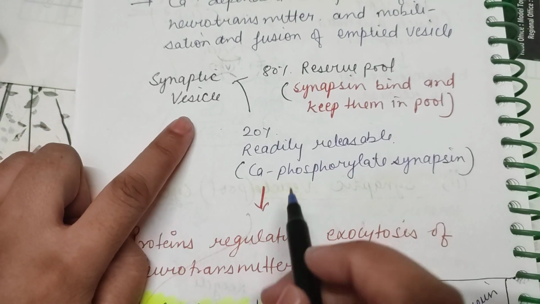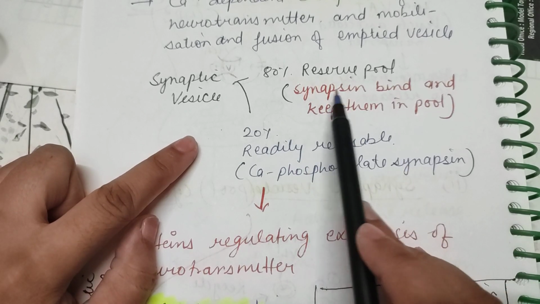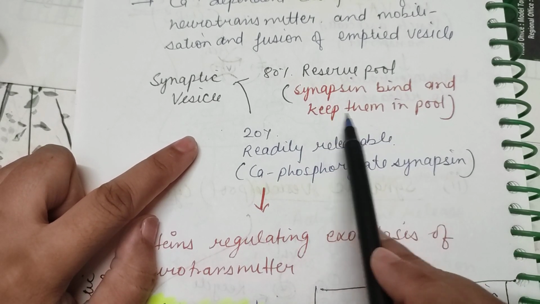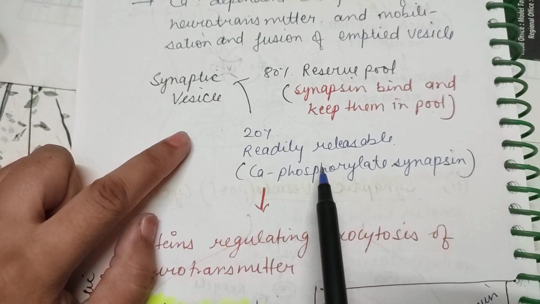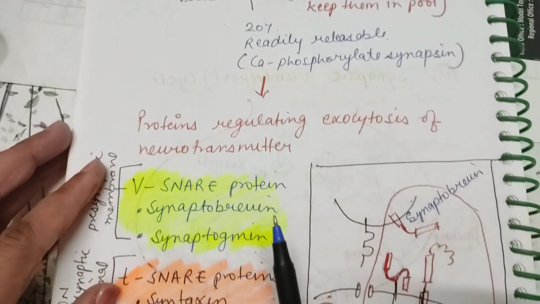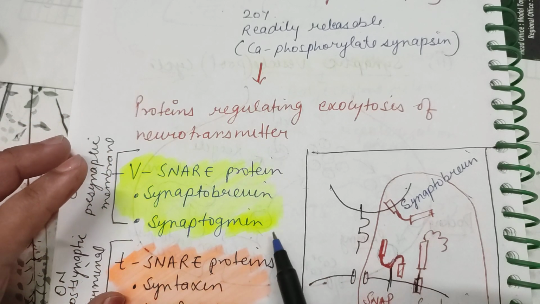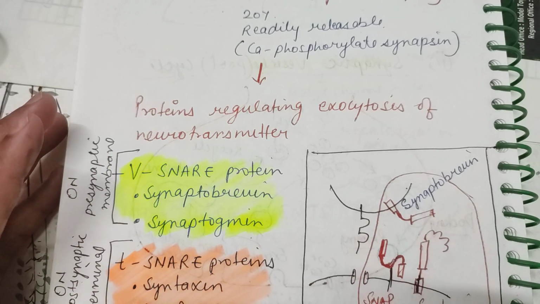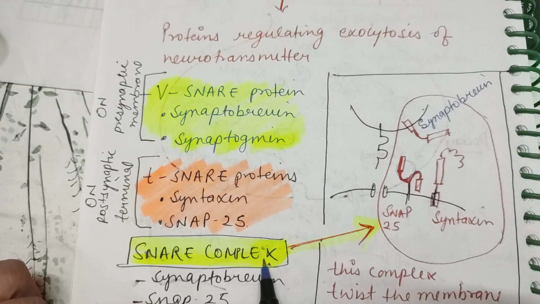Synaptic vesicles are basically 80% present in the reserve pool. Synapsin is the protein which binds and keeps them in the pool, and 20% are readily releasable vesicles. Then how do these vesicles come in contact and release the neurotransmitters? There is the SNARE complex protein.